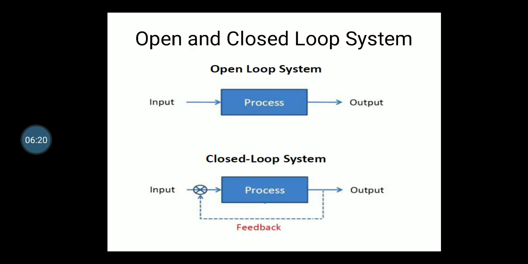So that is a closed loop system, because we have to measure the output, and by measuring that output we give a signal to the controller. In the case of the AC, we give the signal to the compressor. So this is the basic difference between an open loop system and a closed loop system.